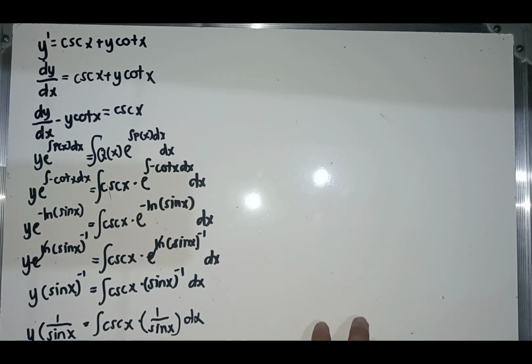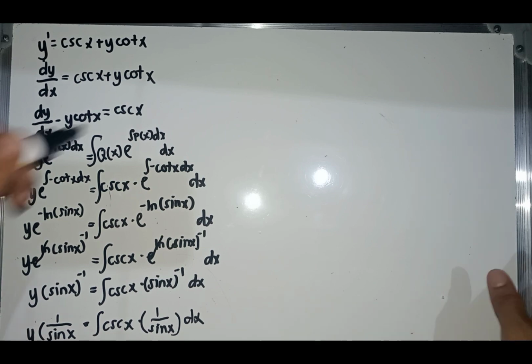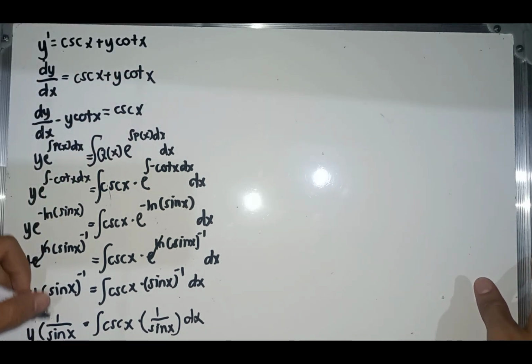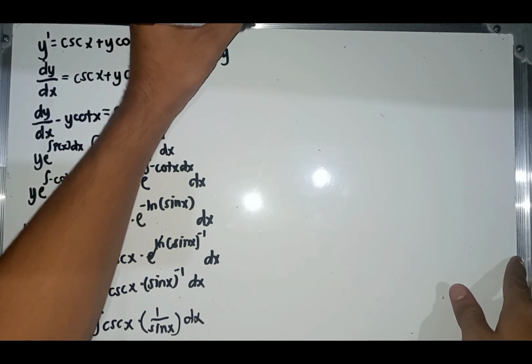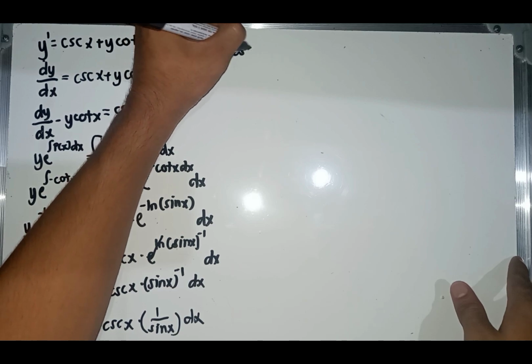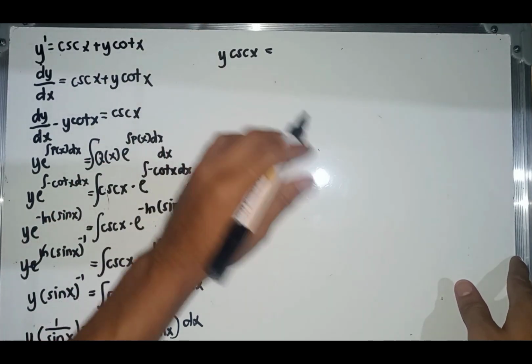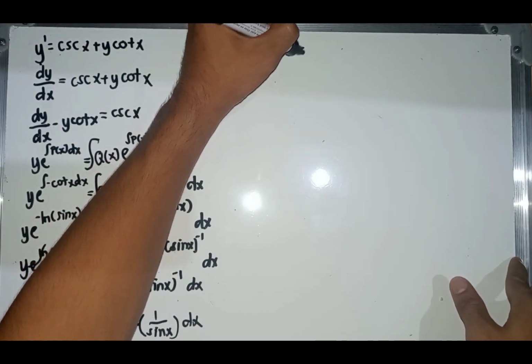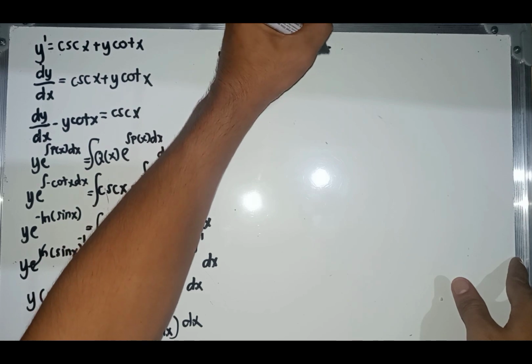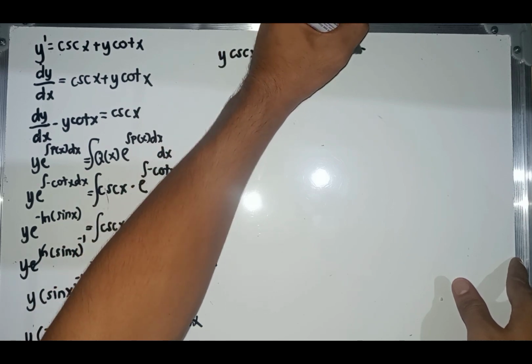Since we know that 1 over sine x is the identity of cosecant, right here we change it into cosecant. So we have y cosecant of x is equal to the integral of cosecant of x multiplied by cosecant of x dx.